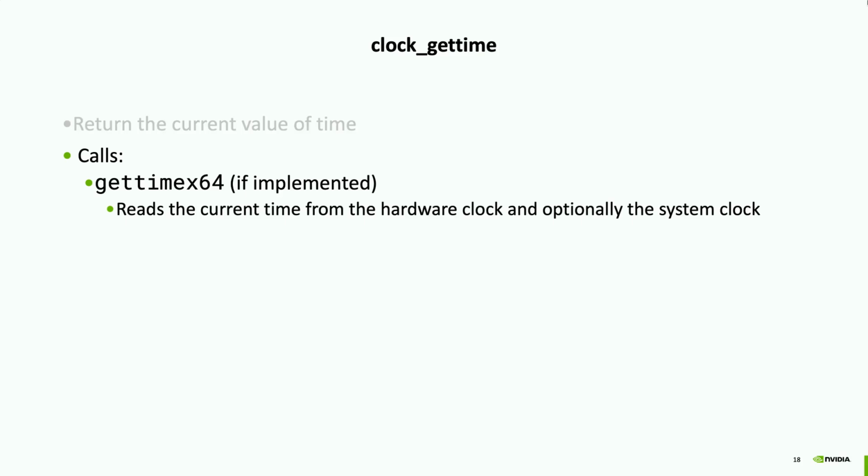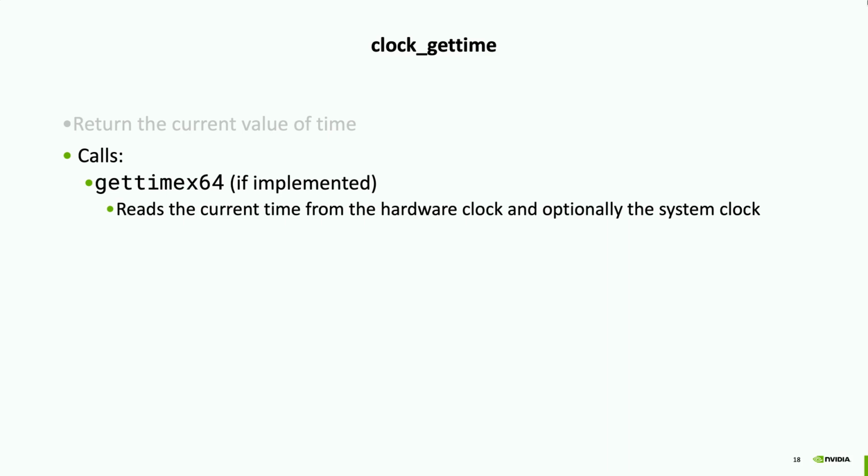It calls the get time x64 if it's implemented, which is the more feature-rich implementation, which will also cover reading the system time just before the read of the last register of your clock. Because usually the clocks are 64 bits, we usually read them in 32-bit pieces. So this functionality should read the system time just before the last register read of the clock, and then immediately after it. Why is that? We will come back to it.